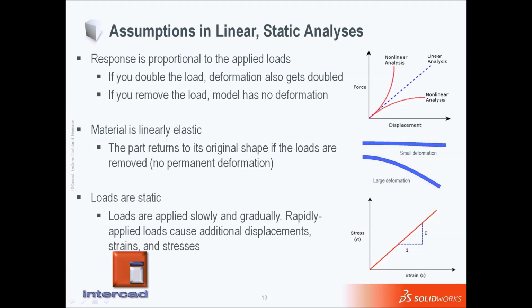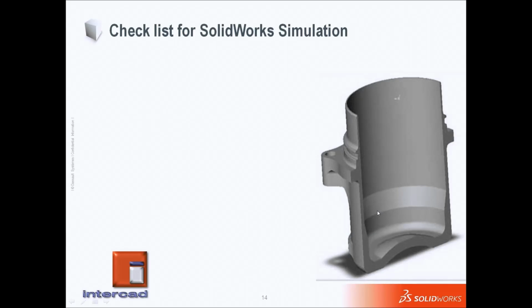So all of these assumptions and descriptions, we're getting to that to distinguish what sort of analysis we need. Therefore, if we would like to have an FEA simulation in SolidWorks or in any other software, there would be a certain checklist.